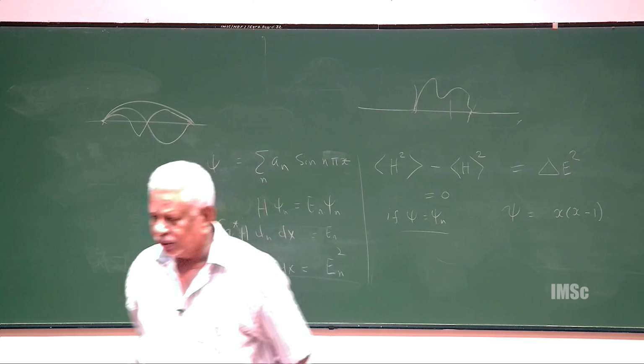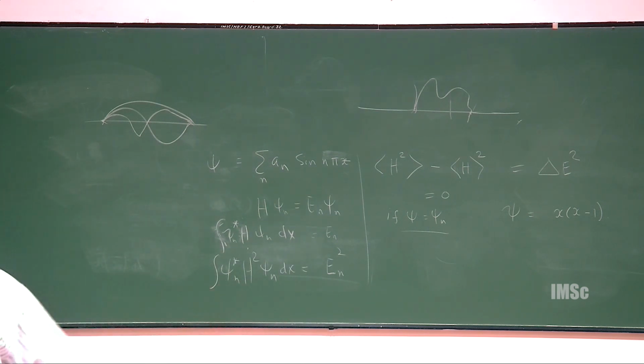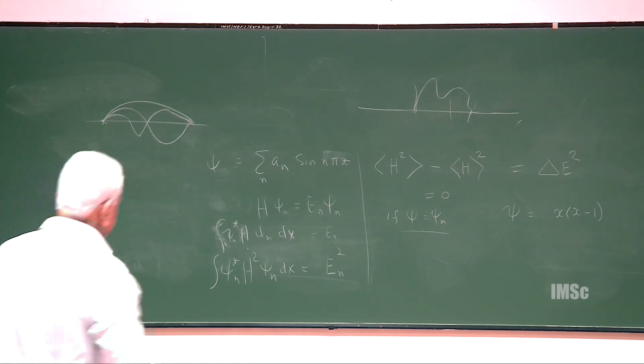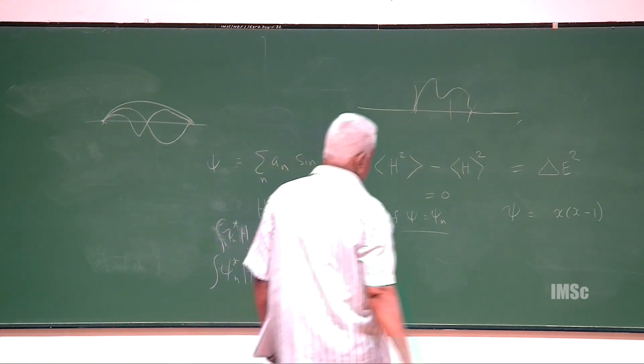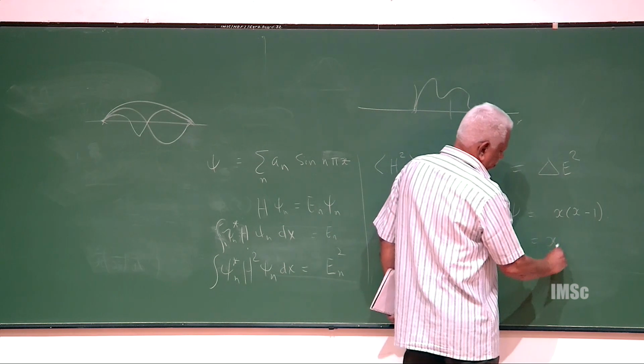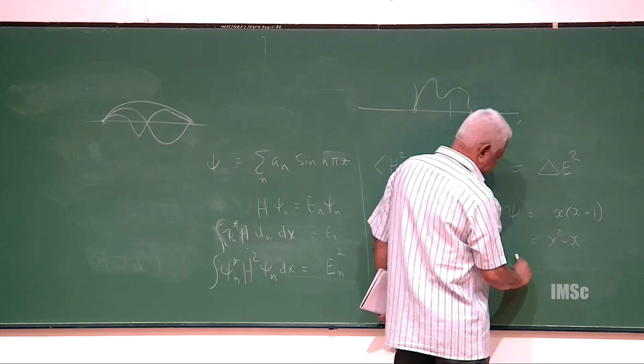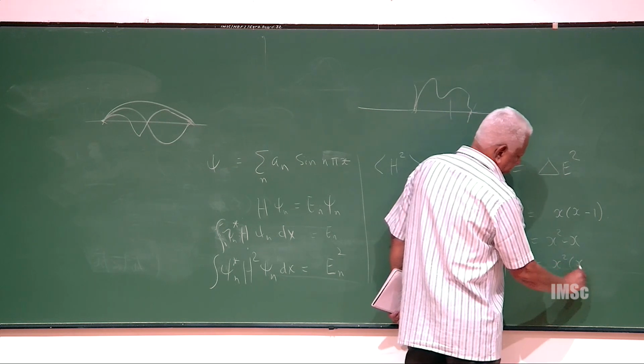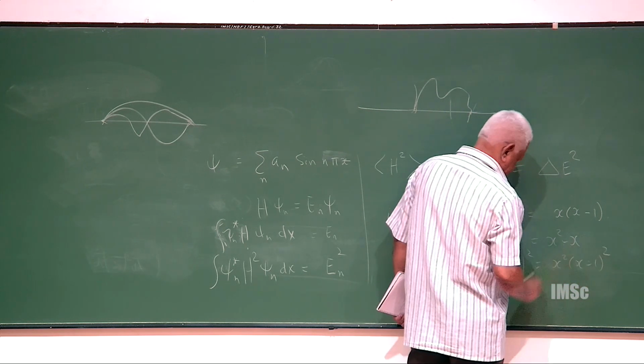Is it square integrable? It is 0 outside, so I have to only integrate inside. Let me find the norm factor. Psi square is x square into x minus 1 whole square.